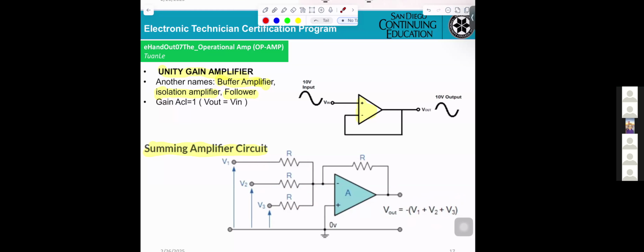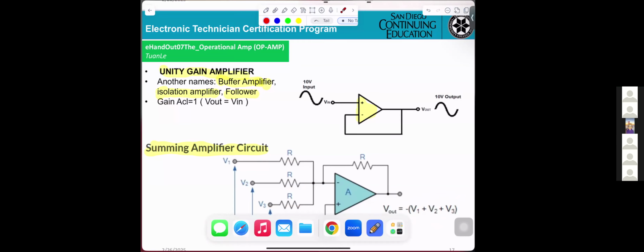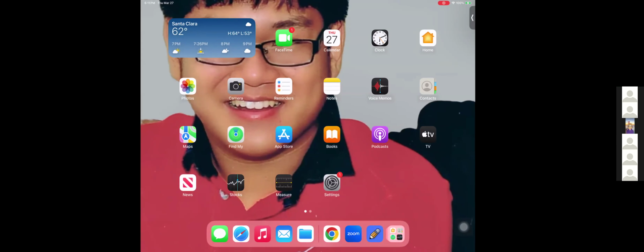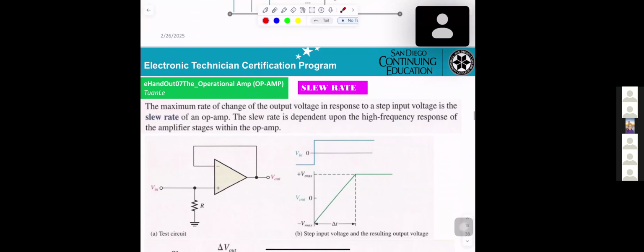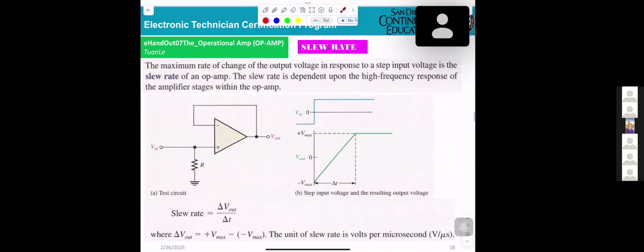Minus V1 plus V2 plus V3, okay? That is what we call a summing amplifier. Okay, next one.